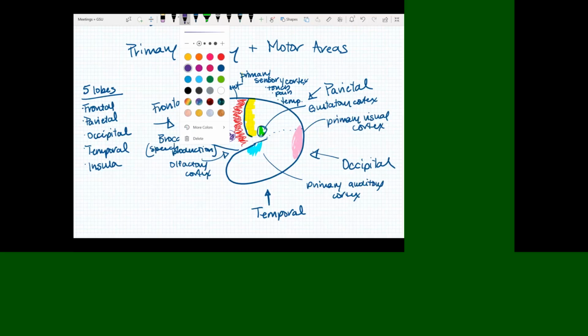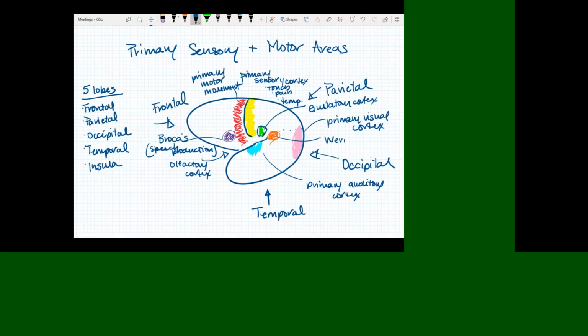And then you're going to have another area that is related to understanding speech. So right around here, you're going to have Wernicke's area. So Wernicke's area is also involved in language, but this is not going to be speech production. This is going to be understanding speech. So if someone else is talking, you are able to understand what they are saying. Whether or not you are able to talk would be Broca's area.